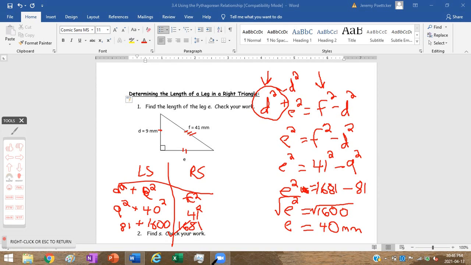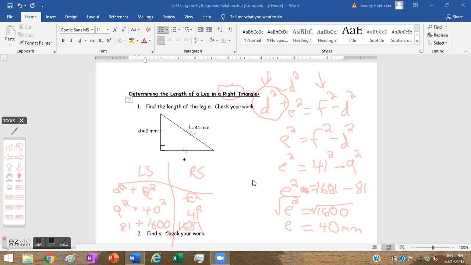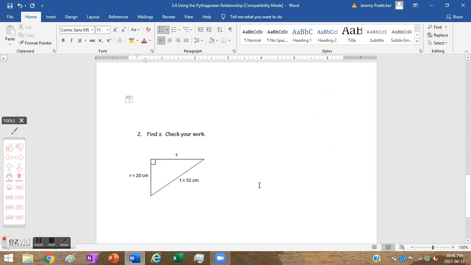I can sort of do this math in my head, and it checks. Left side and right side are the same. We've been told it's a right triangle. We figured out the other short leg, which was in this case 40. All right, let's move on.